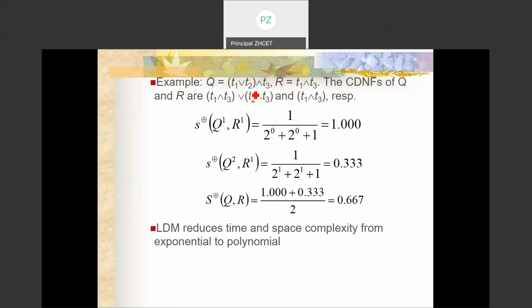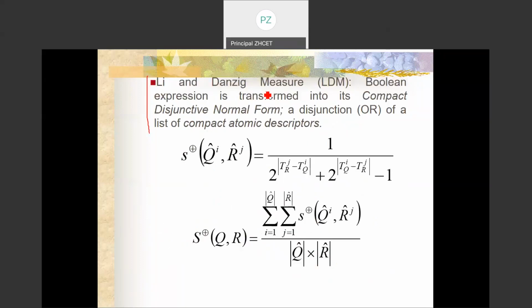Over here, we just have to use these terms as such without being required to convert them into the canonical sum of product form. And also there is one more condition: if T_R_j and T_Q_i are null, then their similarity will be 0. That is, no term common.